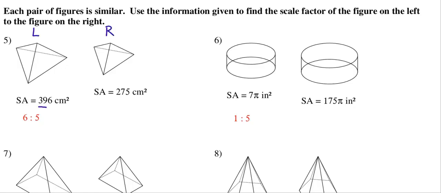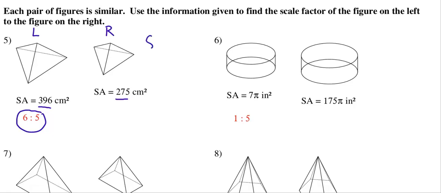And it is given to us, this is 396, this is 275, in centimeters squared, okay? And remember, when you find the scale factor, it is not squared, which means this is what we can do.